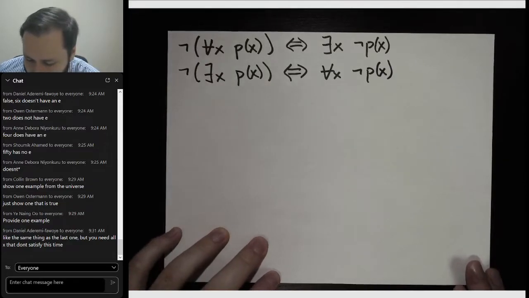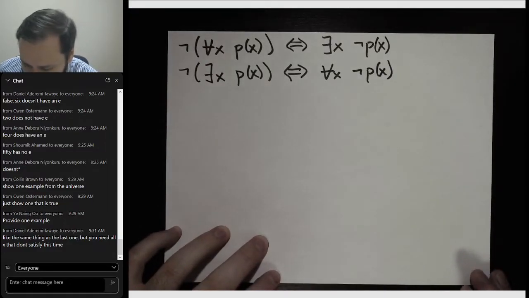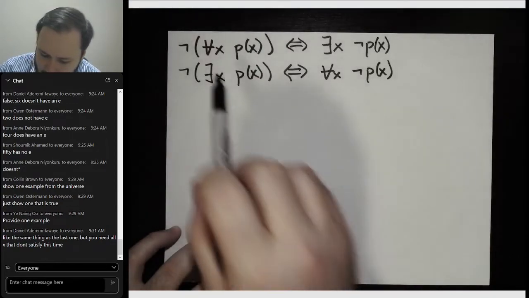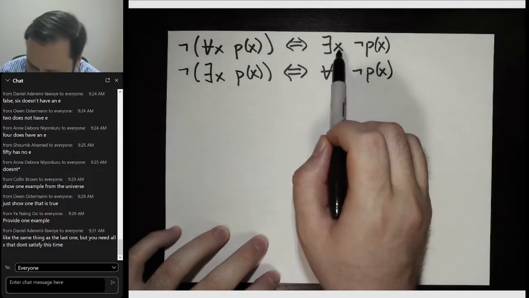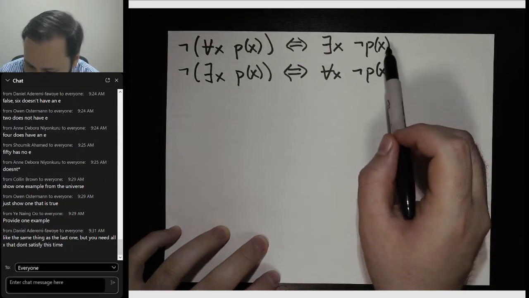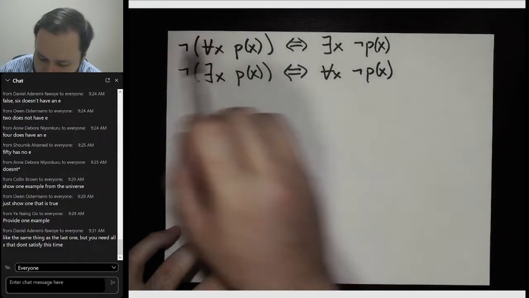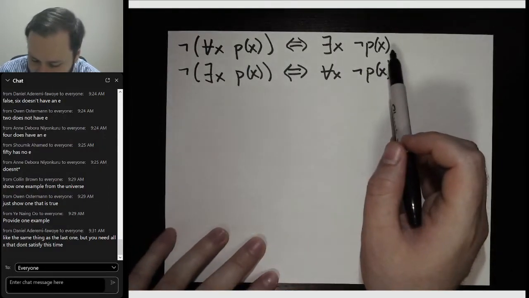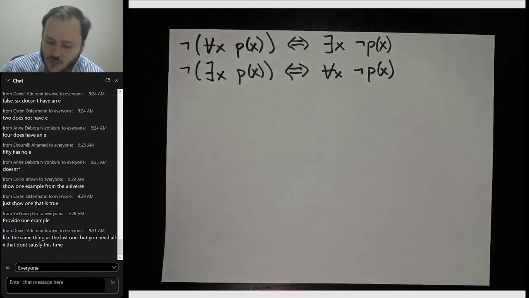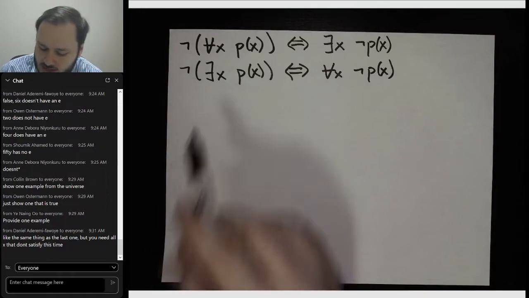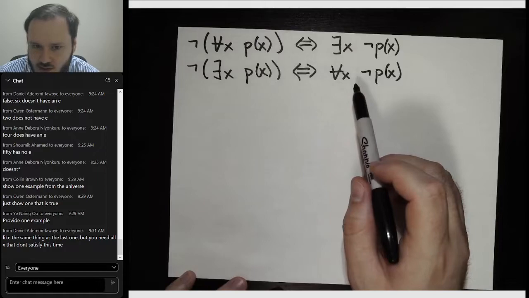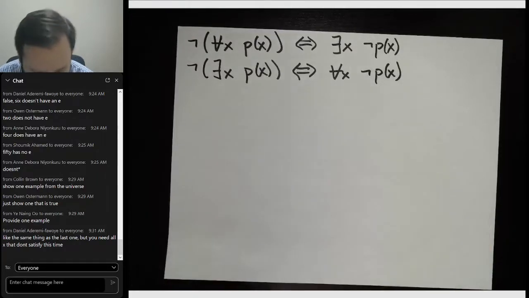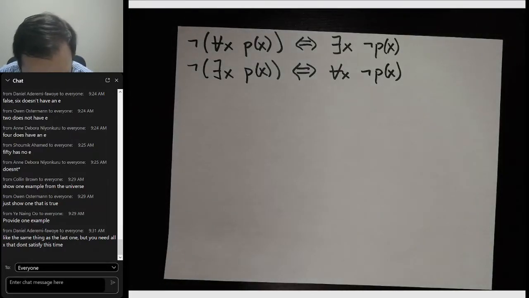So this is why proving for all statements and disproving exists statements are both hard, because you're sort of doing the same thing. You're checking every case. And why proving exists statements or disproving for all statements are both easy, because you're just looking for an example in each case.